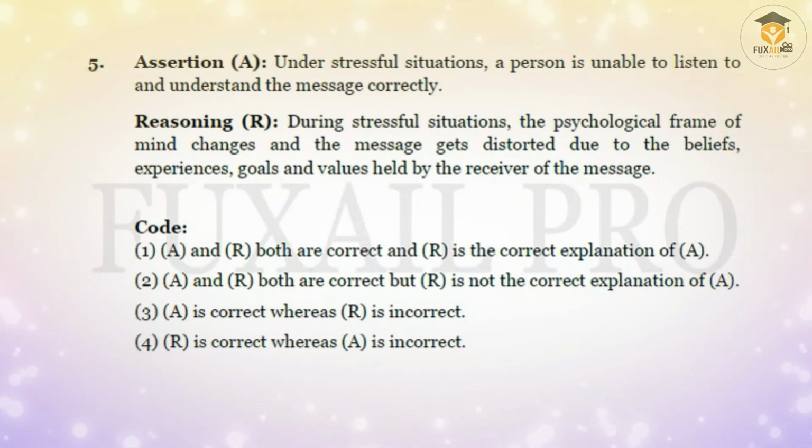A and R both are correct and R is the correct explanation of A. 2. A and R both are correct but R is not the correct explanation of A. 3. A is correct whereas R is incorrect. 4. R is correct whereas A is incorrect.